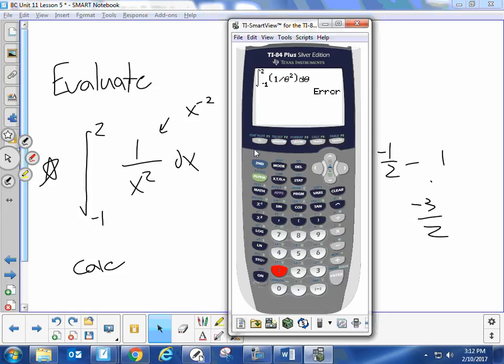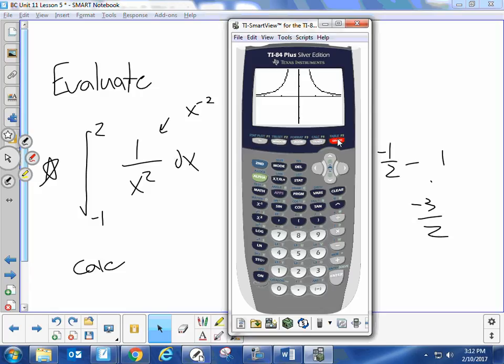Okay? So graph 1 over x squared. We're going to have to go back into function mode. And tell me why we can't do this. What's going on? What do we have on the graph?